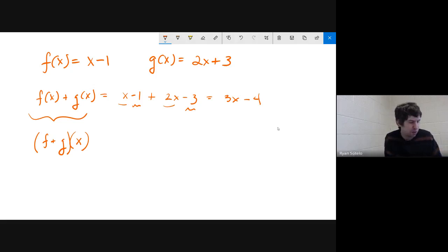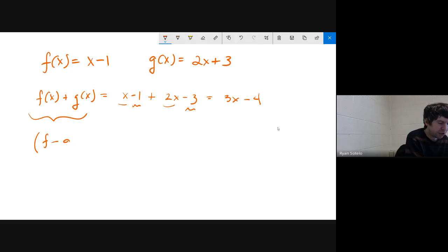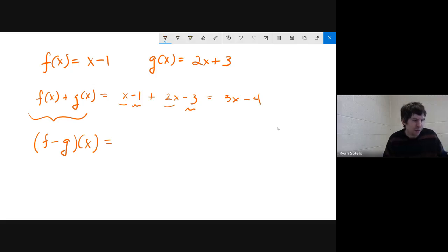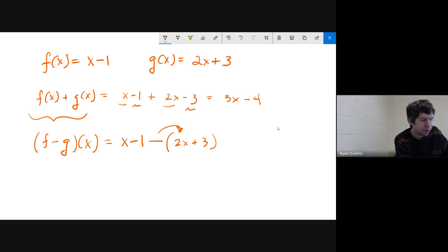All right, I'm gonna do something slightly different. If you see something like this, f minus g, I'll do that one too. Now you're gonna subtract them. So I'm gonna say x minus 1 for the f. And then the g, I'm subtracting. So I gotta say minus, but it's probably good to use parentheses because that minus needs to affect both terms. It's gonna flip the sign of both terms.